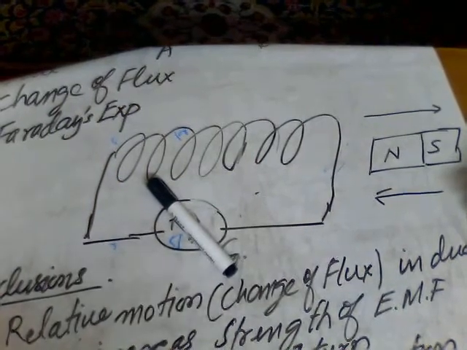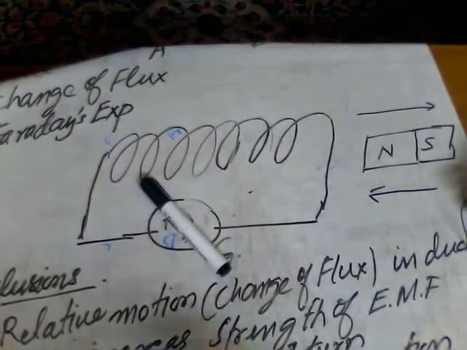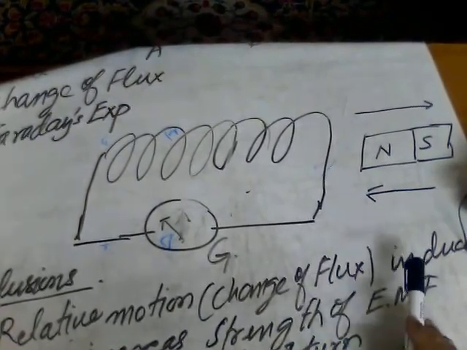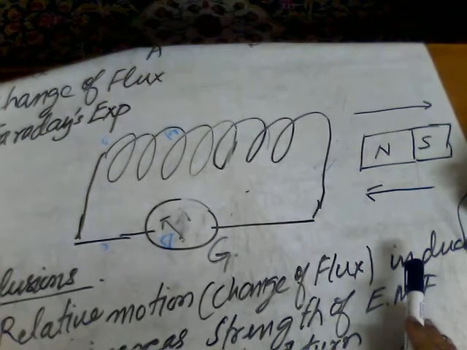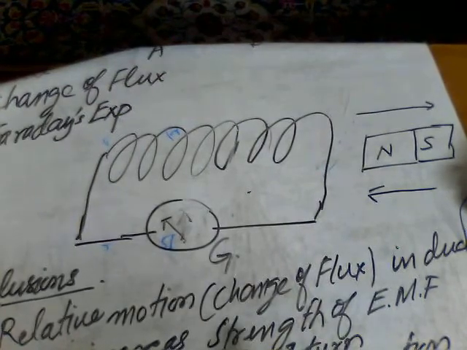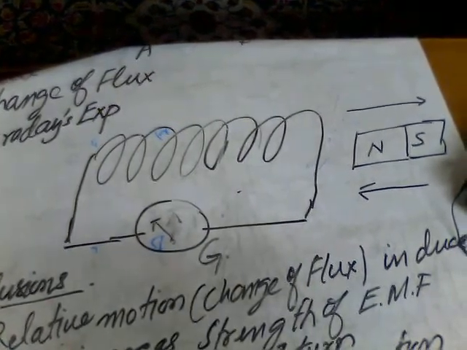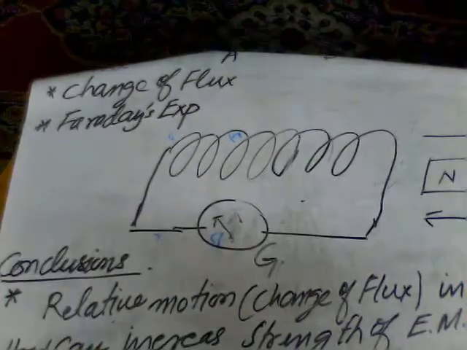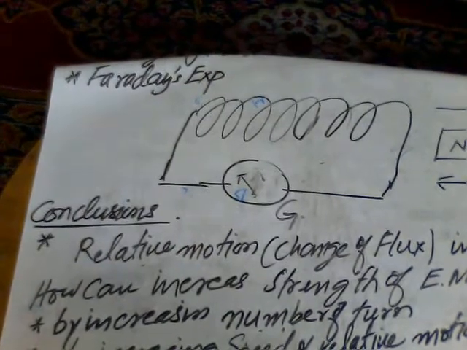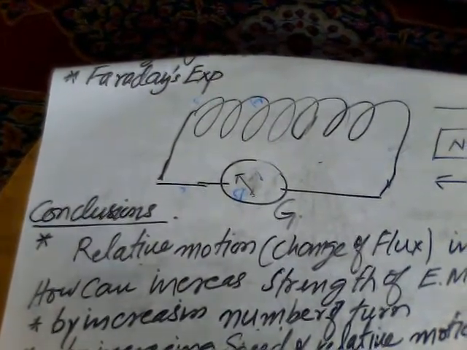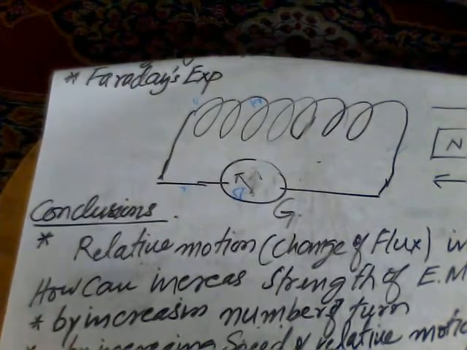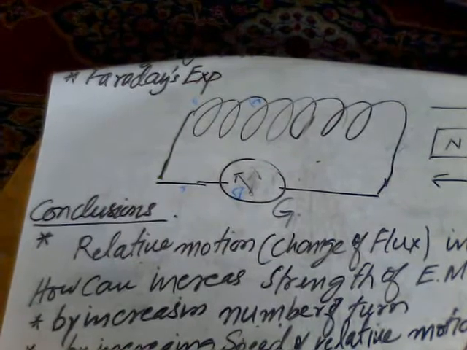So we learn that relative motion between the coil and the magnet causes an induced EMF.